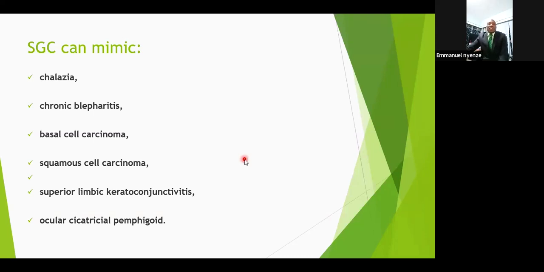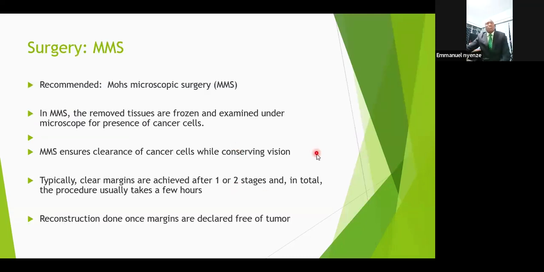And when you evert the eyelid, you usually should see yellowish multinodular lesions. For most ocular malignancies, the common management is surgery.